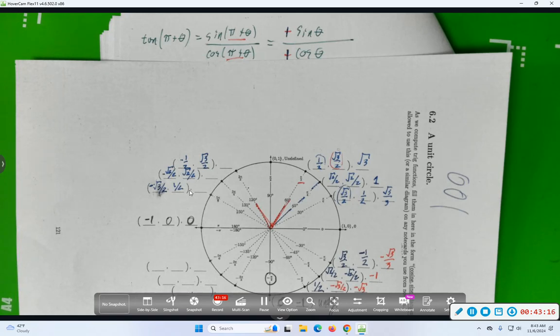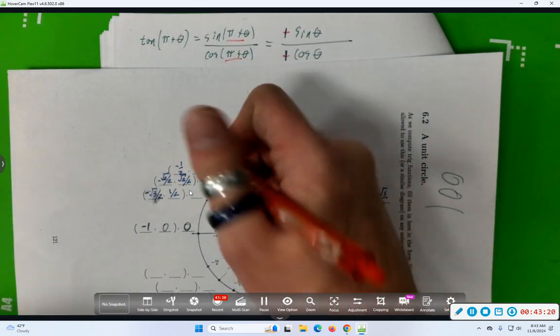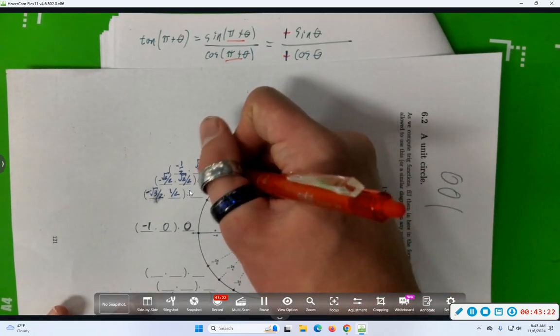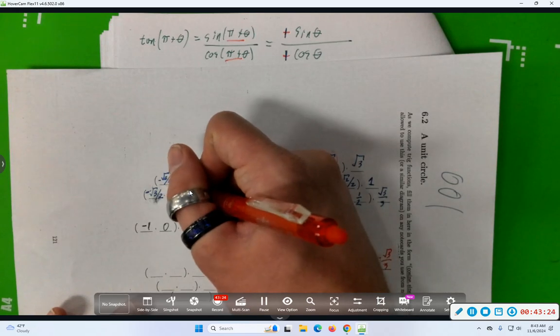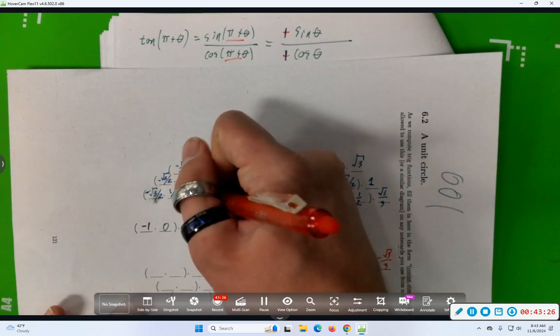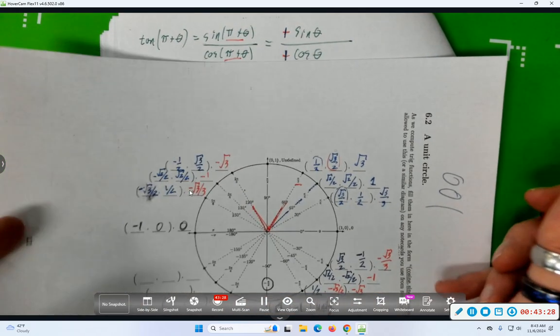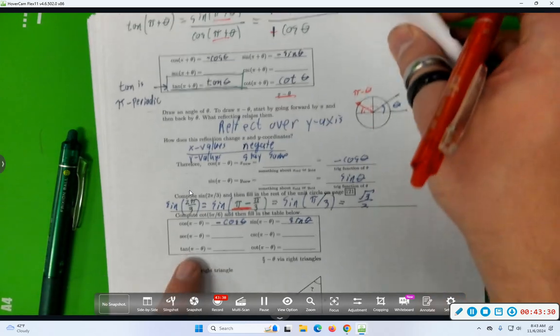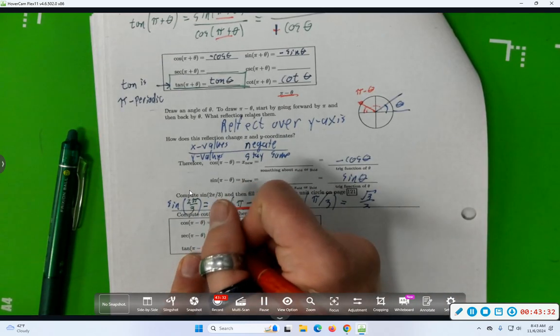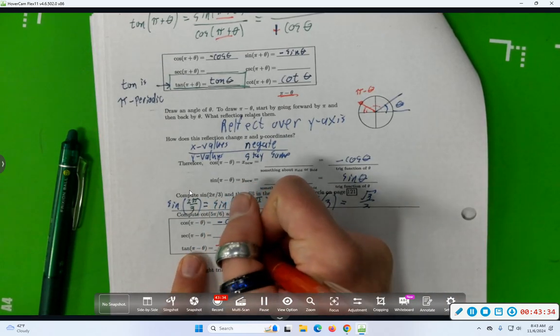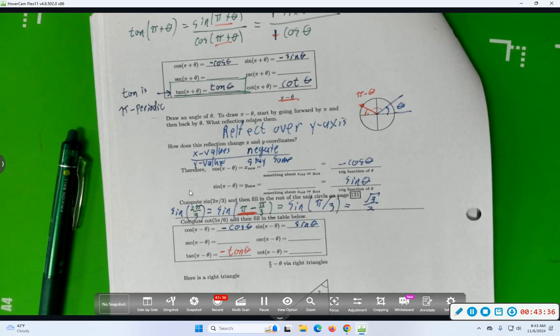So tangent changes by a negative sign. Negative root 3, negative 1, negative root 3 over 3. All right. And in fact, in general, tangent of pi minus theta seems to be the same thing as negative tangent theta. Nice. That seemed pretty good.